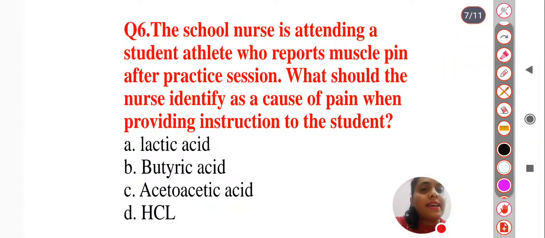Yes, A is correct, but can any one of you explain why answer A is correct? Any one of you who has answered A, like Kanika, Upma, Kiran, Barsha, they all have answered A. Could you please elaborate your answer?